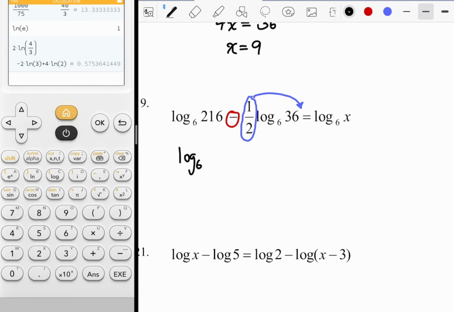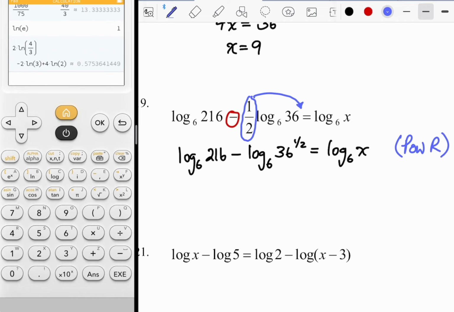So log base 6 of 216 minus log base 6 of 36 to the 1/2 is equal to log base 6 to the x. So this is the power rule. Now I'll apply the quotient rule.